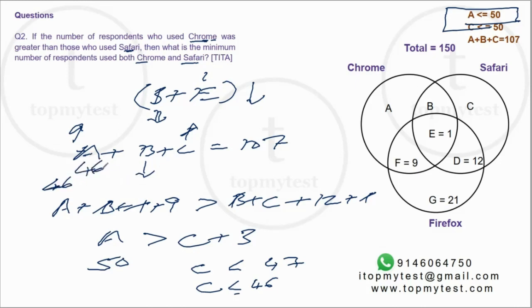So 50 and 46 is 96. 107 minus 96, B minimum value is 11. 11 plus 1 will be 12. That will be the minimum value which I need. Plug it here, 11 plus 1, 12. Job done.